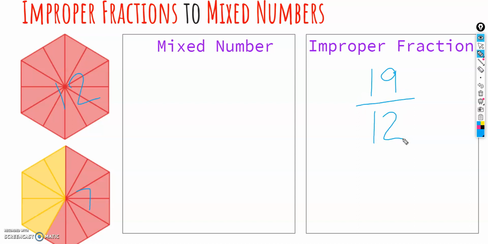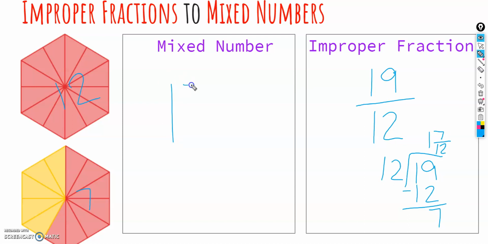So I'm going to do 19 inside the house, because that's the top number, divided by 12. So that goes in one time. I have 7 left over. There's 7, and what were they broken into? Twelfths. 1 and 7 twelfths.